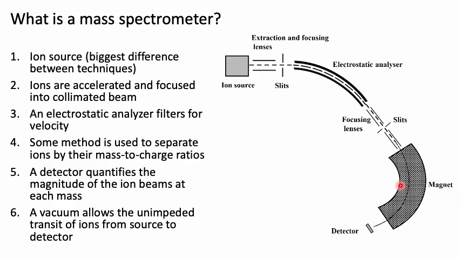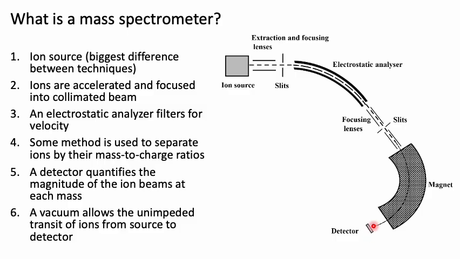In this picture, it's using a magnetic field. There are different kinds of electromagnetic fields that are used for this, and in some cases there's one technique that doesn't use one at all. We'll talk about these different mass separation techniques, but there's always some way that separates the mass based on the mass to charge ratio.